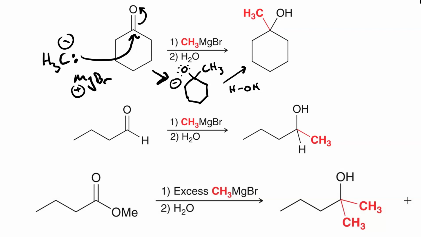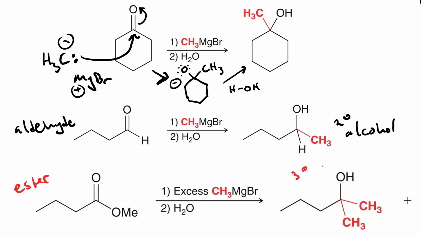We can do it on an aldehyde as well to make a secondary alcohol. And finally, if you use excess Grignard on an ester, you end up with a tertiary alcohol.